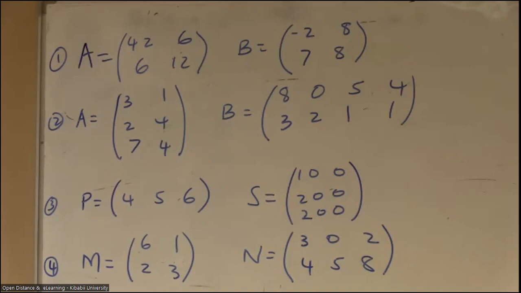Number C is P with the elements 4, 5, 6, and S with the elements column matrix 100, 200, 200.